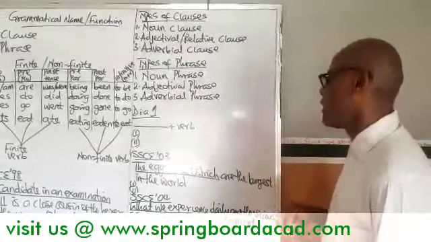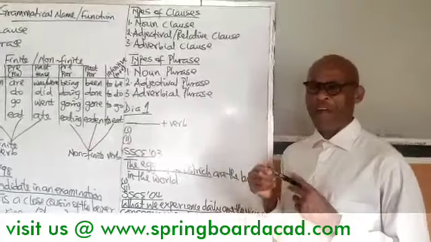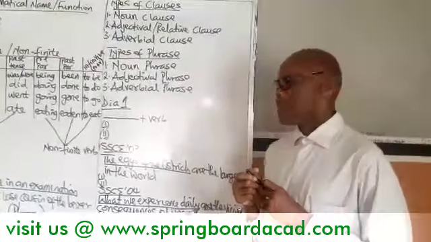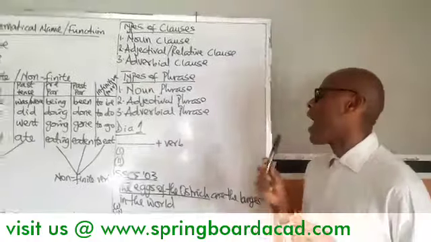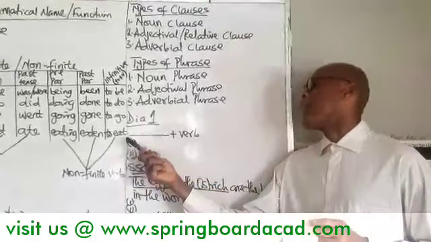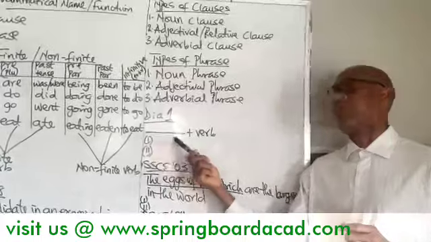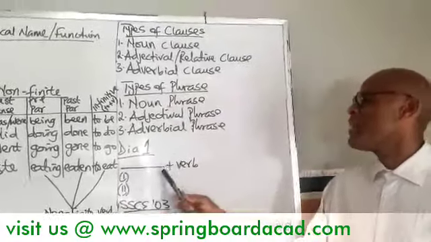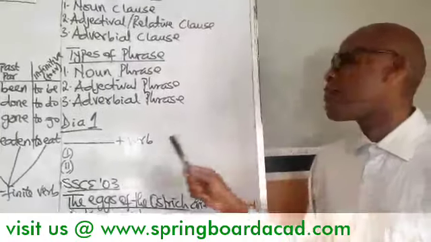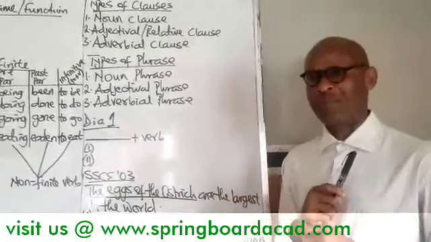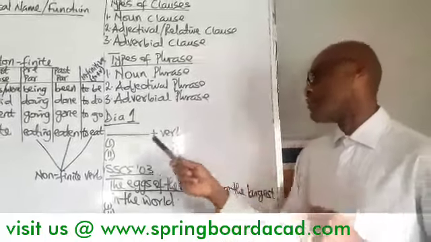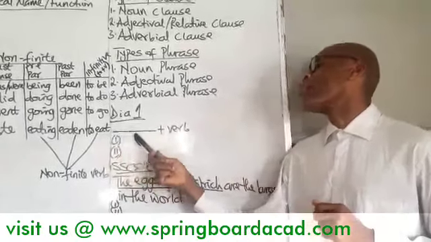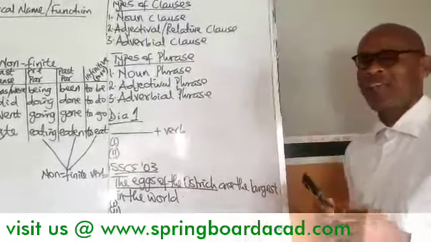For instance, look at diagram number 1 very well. In diagram number 1, I said, if I find a group of words underlined, immediately after that group of words, a verb is in front of it. Let me say that again. They underline a group of words.